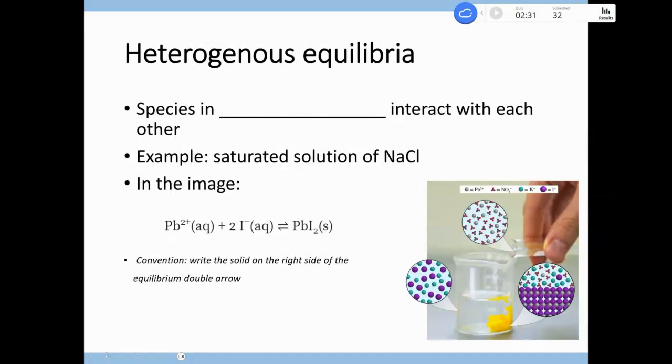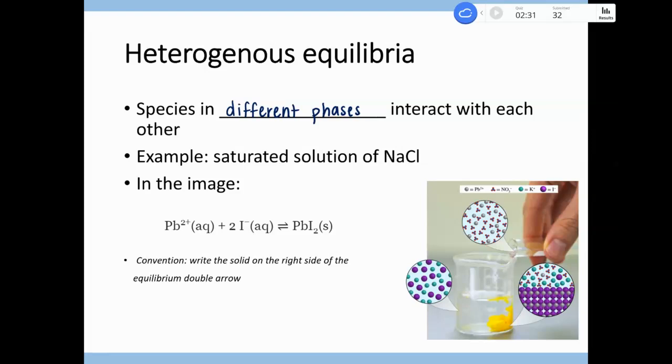This is when species in different phases, so solids, liquids, gases, are the different phases, interact with each other or are in equilibrium with each other. So here we're looking at solid phase in equilibrium with aqueous phase.